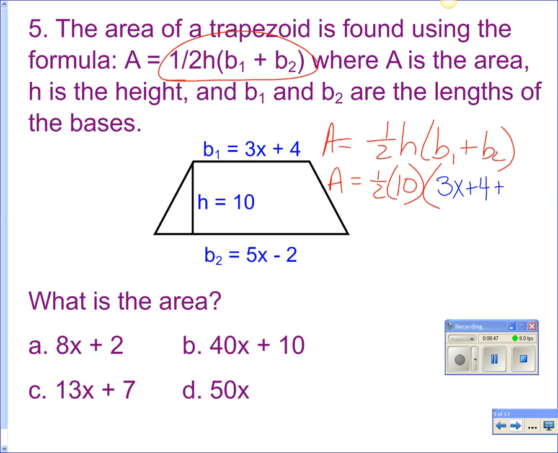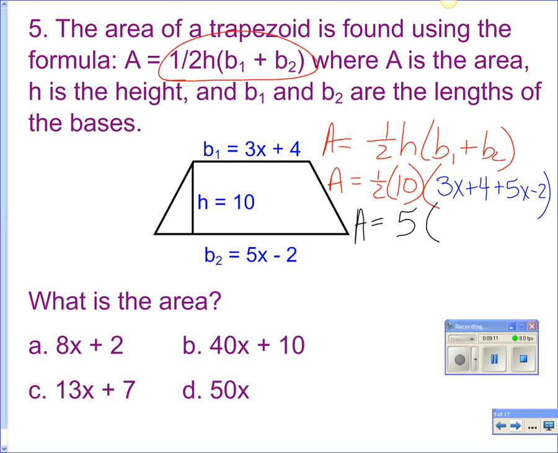A plus. And then 5x minus 2. Don't forget about that plus between them, the B1 and B2. Okay? All right. Daniel, what else do I need to do up here? Multiply what? 1/2 and 10. What does that give you? 5. Then I'm still going to put a parentheses.